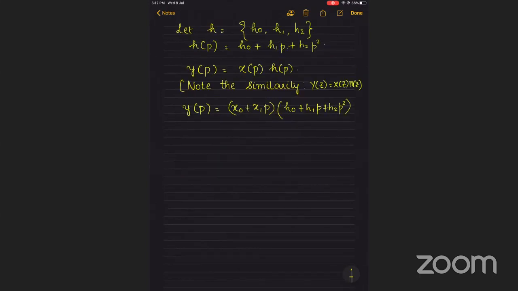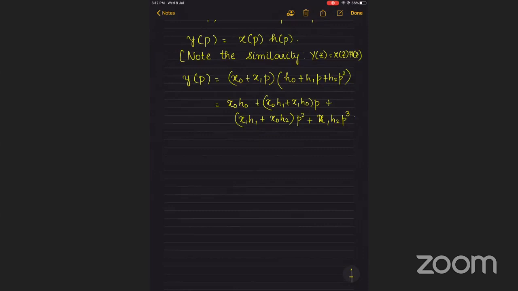So this is equal to x naught h naught plus x naught h1 plus x1 h naught into p plus x1 h1 plus x naught h2 into p square plus x1 h2 p cube. Is this okay? This is what we're getting.